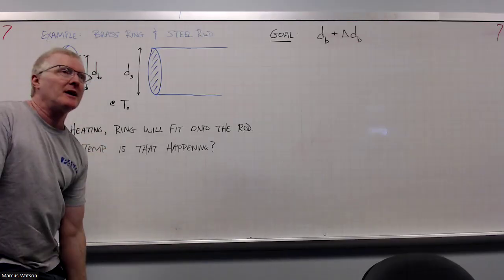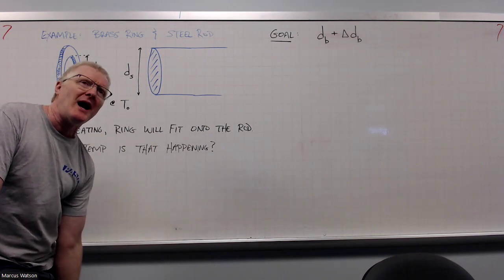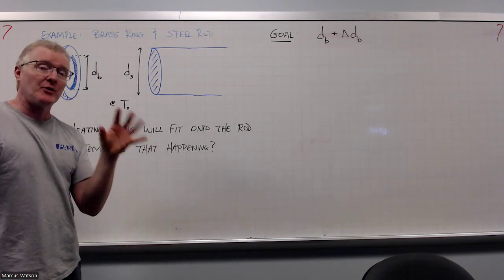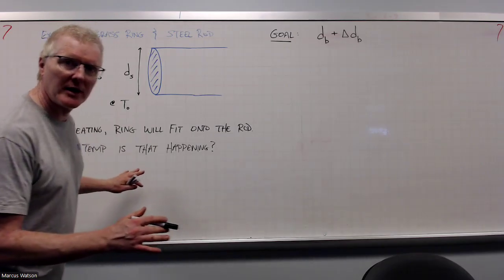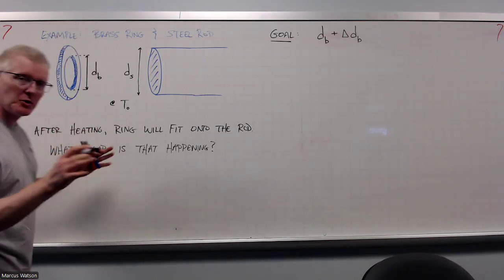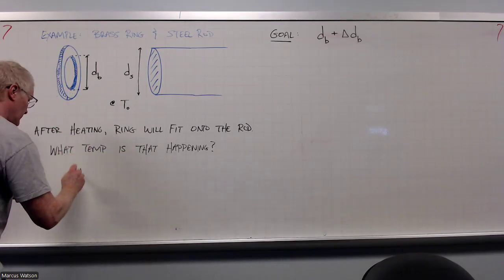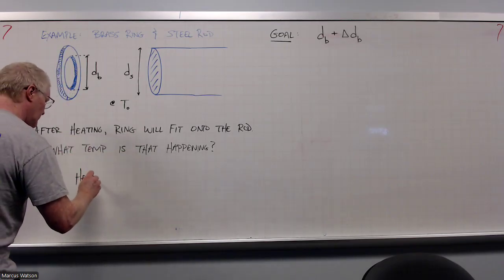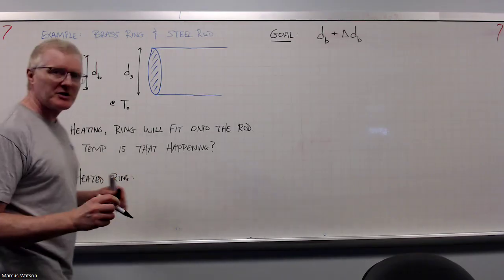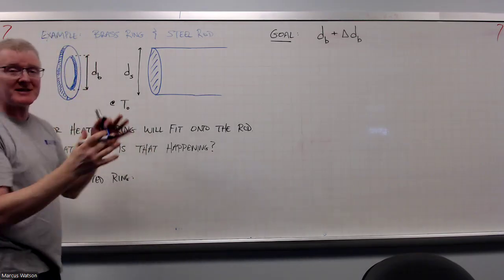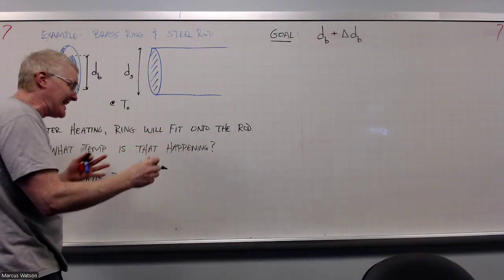So maybe you think about, hey, wait a minute, why when you heat the ring up, let me just do a quick couple of drawings down here. The question is, I start with the ring looking like this, and I heat the ring, and what do I get?